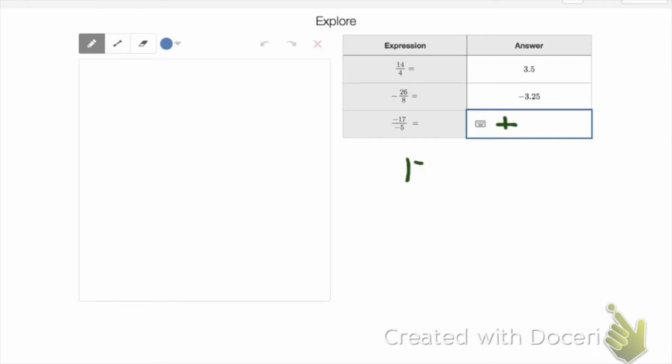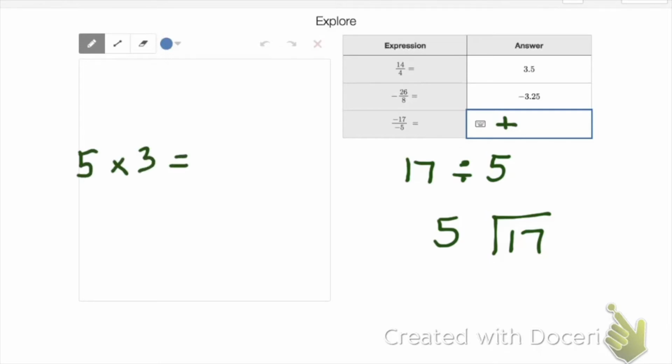Now we do 17 divided by 5. We put 17 under the bar and 5 outside. 5 times 3 equals 15. 5 cannot go into 2, so we have to put the decimal and drop down the extra 0.